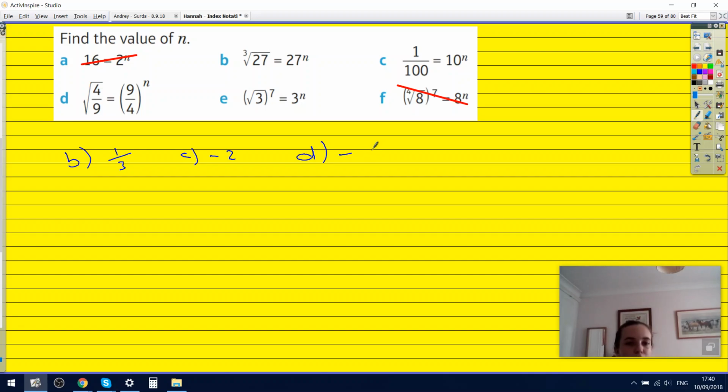That would be squared. To the power of what is square root?